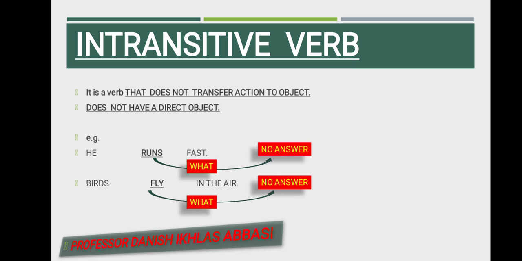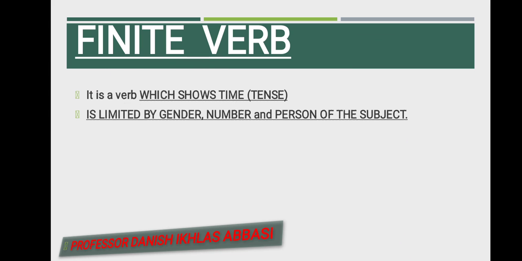After intransitive verb comes the category of finite verb. A finite verb is a verb which shows time. Time means the tense. It shows the tense or happening of the action, and it is also limited by the gender, number, and person of the subject.